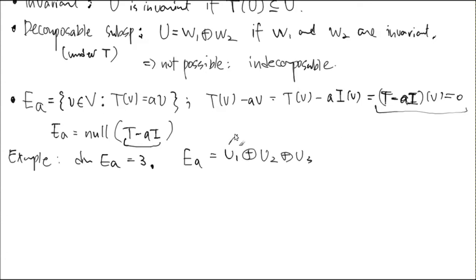So what is the dimension of each of the U1, up to UK? The direct sum must be dimension 3, so each has dimension 1, right? Okay. So this is a direct sum, but is this an indecomposable decomposition? That's the question we have to ask.